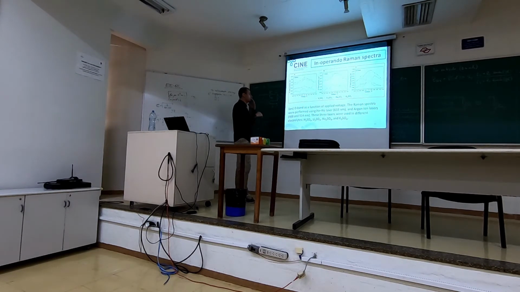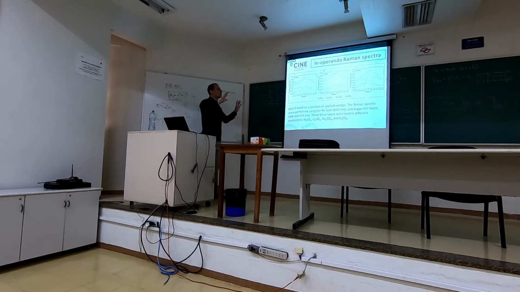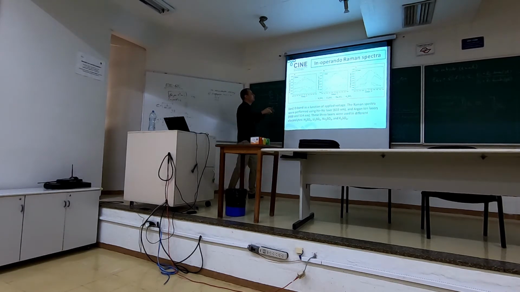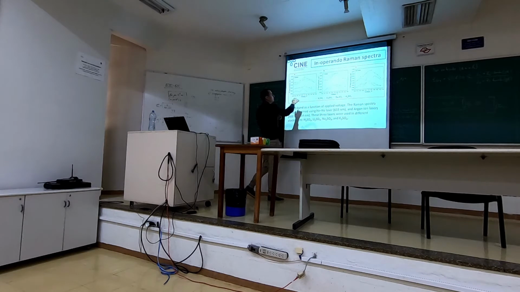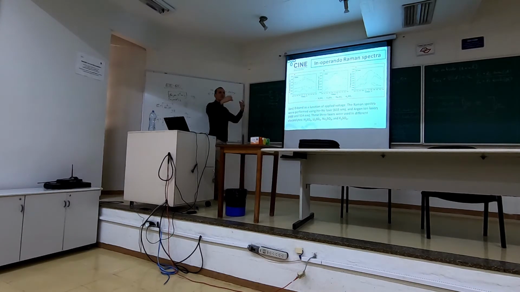Next, looking at figures A to C, we have the D-band as a function of applied voltage. Here, it's so clear that the D-band shifts and then returns, following the absorption and desorption of cations. In this analysis, we used three different lasers: 633 nanometers, 488, and 514 nanometers.